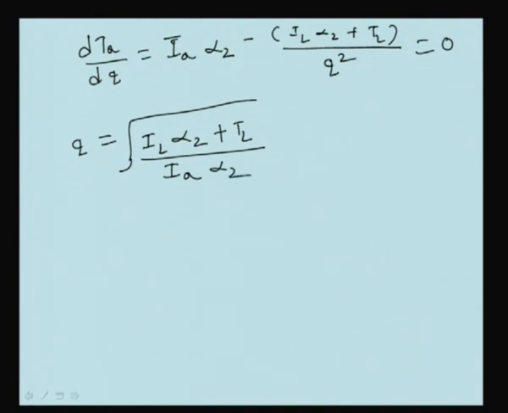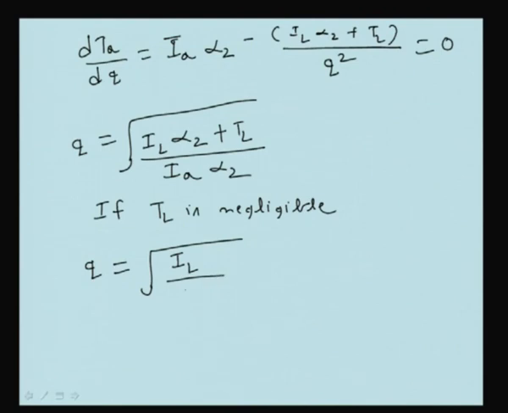If TL is negligible, then Q is equal to under root IL divided by IA. This will give this.